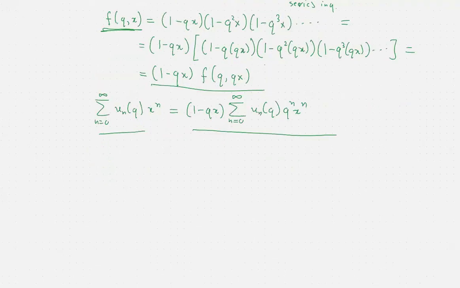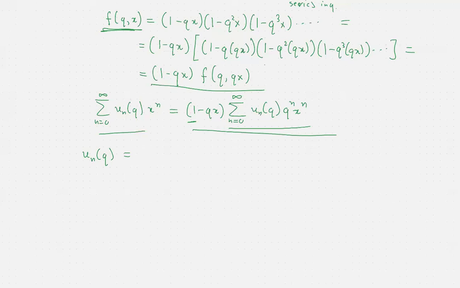Now, what do we have on the right? On the right, we will have two series. One that we get by multiplying one with this series. And of course, what will be sitting in front of x to the n is going to be simply u_n of q times q to the n. And then we're going to have another one.